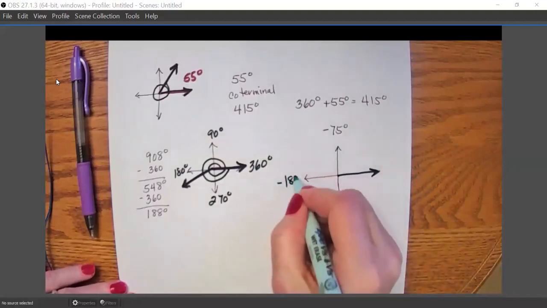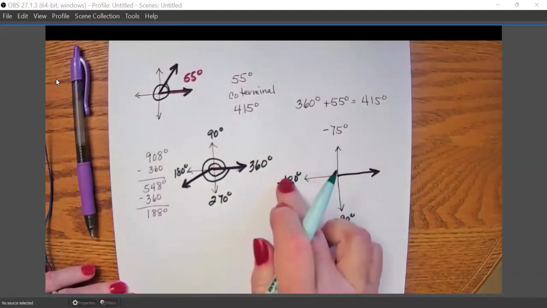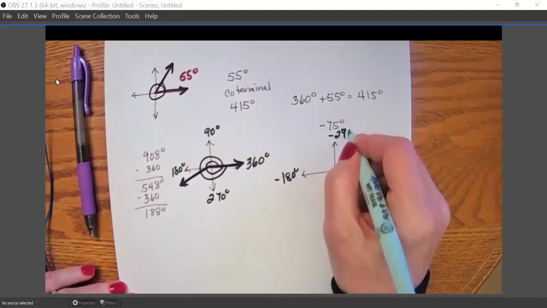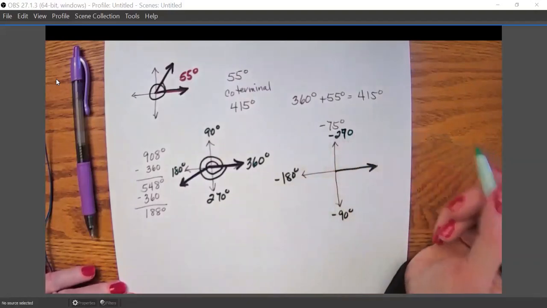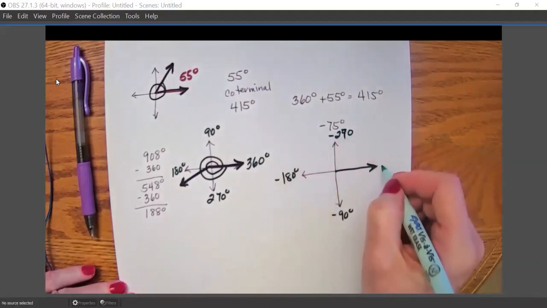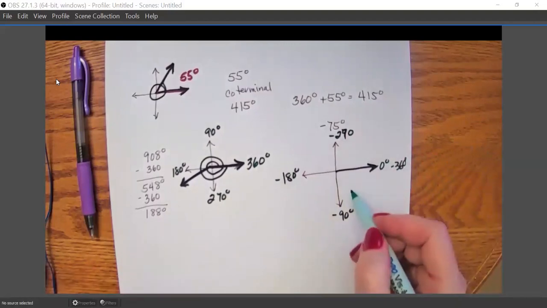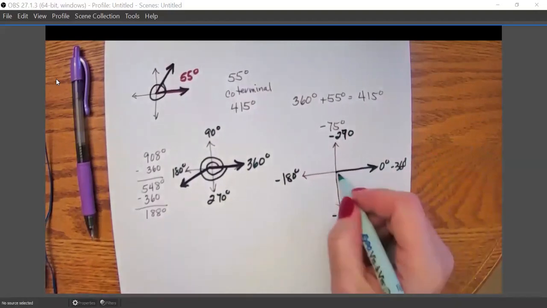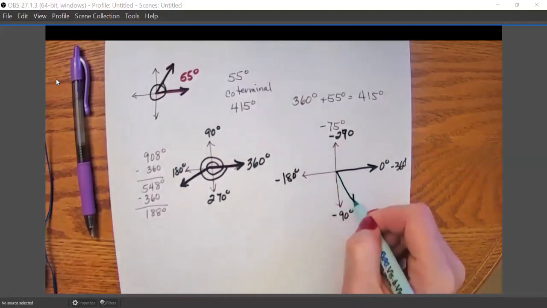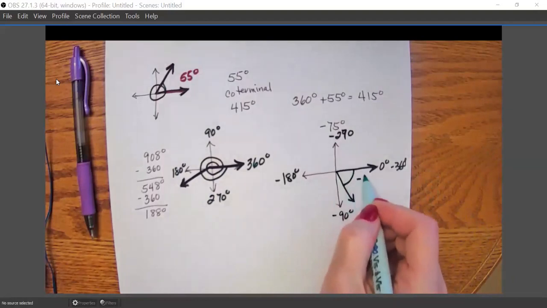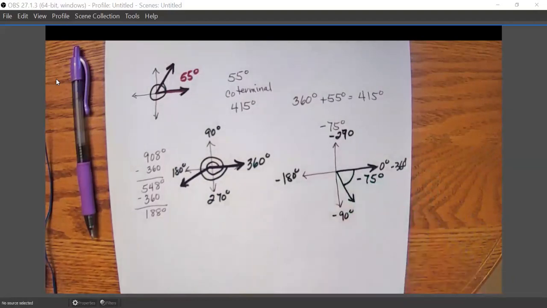Going in this direction, that's negative 180 degrees. Going in this direction, that's negative 270 degrees. And then over here, negative 360. So negative 75 is about there. That is a negative 75 degree angle.